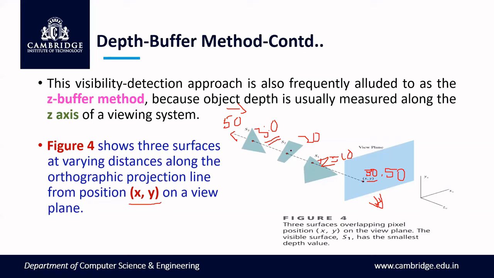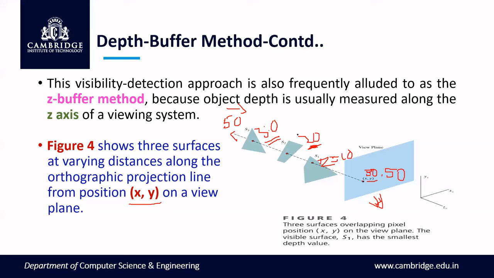Now come back to S2. When you come to the S2 XY position, I have Z value 20. Compared with S3, 30 is more than S2's 20. So that means S2 is near to my viewing plane because the Z value is less. So replace the Z value with 20. Now S1 is 10.